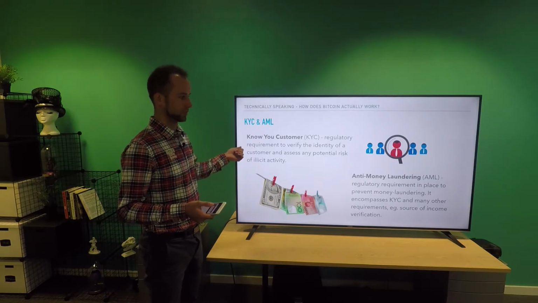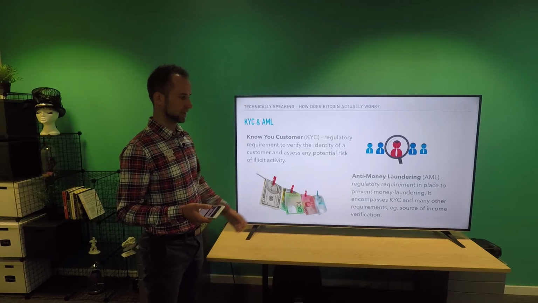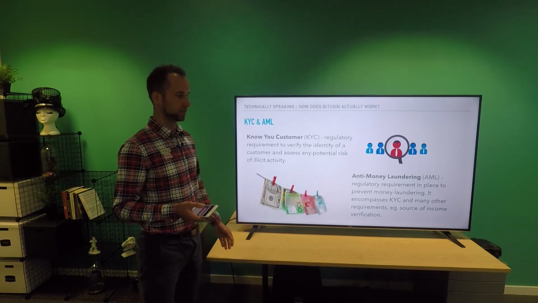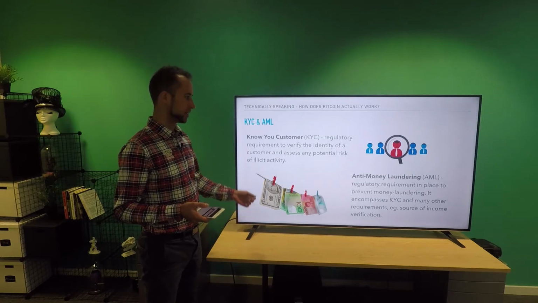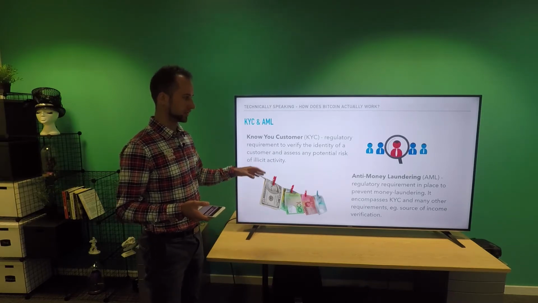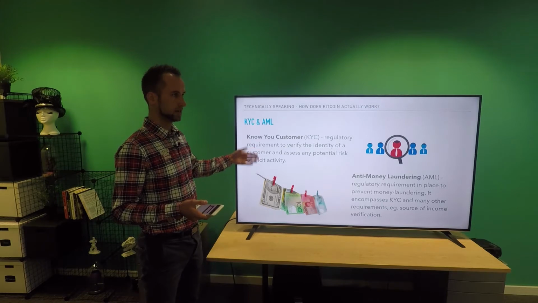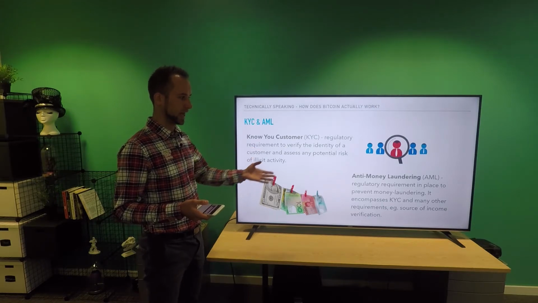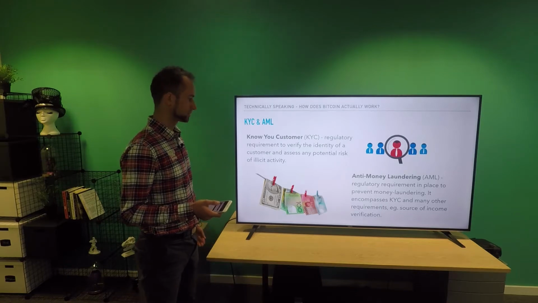KYC is a part of AML, which stands for anti-money laundering. It's again a regulatory requirement in place to prevent money laundering. But for the purpose of this seminar, I'll refer to KYC as the requirement to provide your ID and proof of address, and AML as the requirement to provide proof of your source of income.